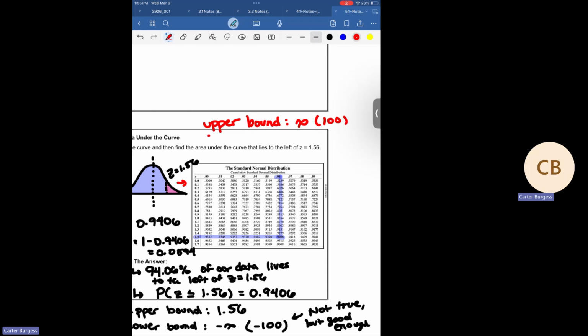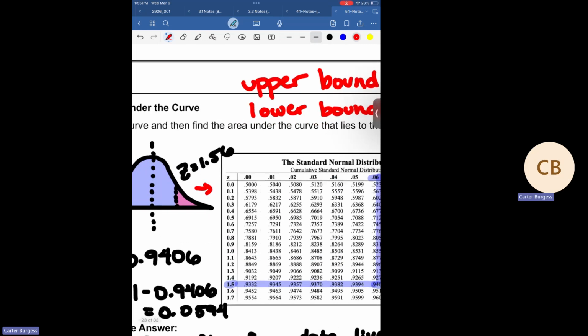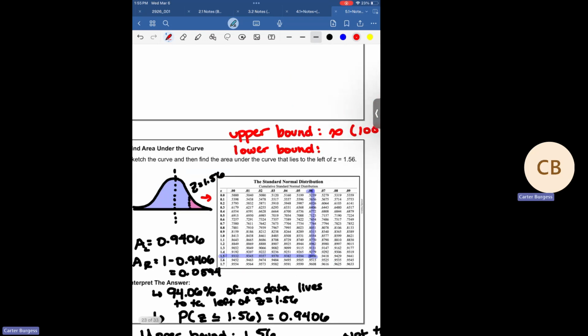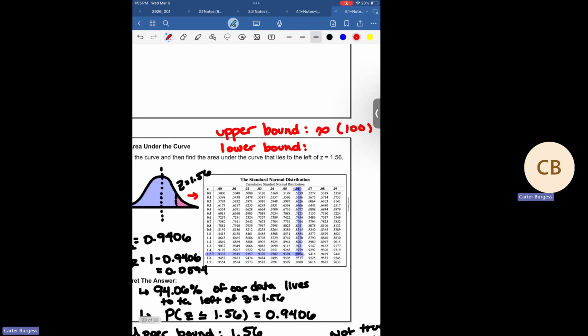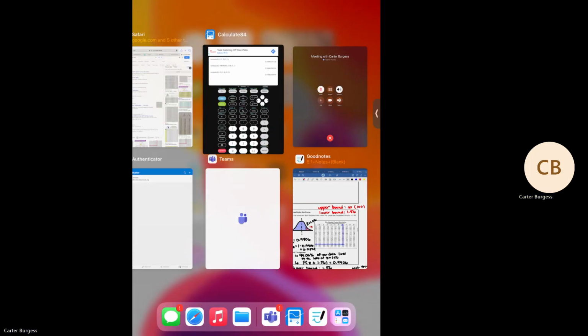And then what would our lower bound be? What's the lowest possible z-score we want to include? 1.56. So the upper bound is now infinity, and the lowest value that we want to see is this 1.56. We can plug that into our distribution here.